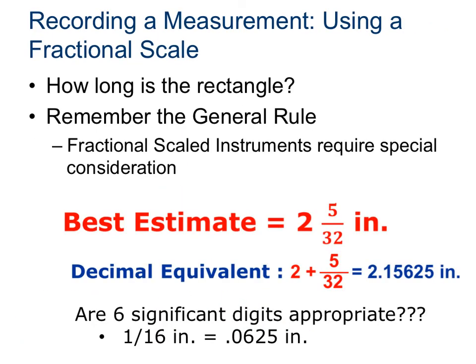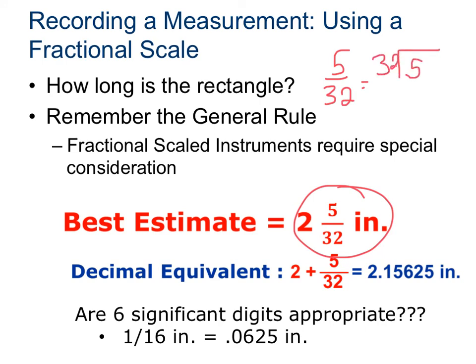Okay, so if we're using the fractional scale, we talked about that it's 2 and 5/32 of an inch. If you wanted to change that to a decimal, you would take 5/32, which is the same thing as 5 divided by 32. If you put that into a calculator, you would get this number right here.